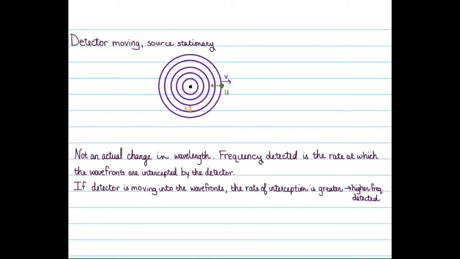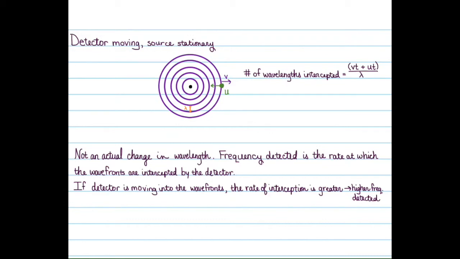So here the orange is the distance between the waves, that's lambda. Here we have the speed of the observer, which is u, moving toward the source, and the speed of the wave in purple is v. So we want to know what the number of wavelengths intercepted would be, and if you're in the frame of the observer, the green dot, then the wave velocity is going to be v plus u, and so the number of waves you're going to perceive would be v plus u times the time, so the distance, divided by the wavelength.